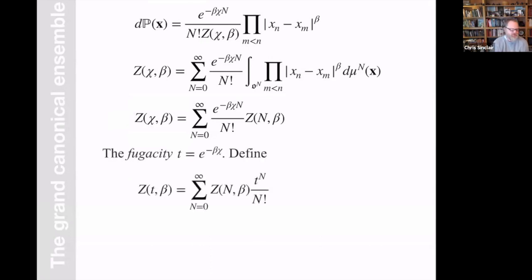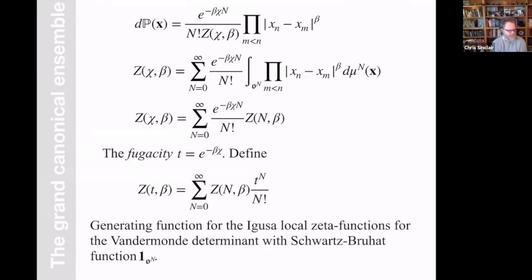It is traditional to introduce something called the fugacity, which is e to the minus beta times the chemical potential. And when you do this, you see that literally the grand canonical partition function is the generating function for the canonical partition functions. I apologize for going through all this again. Joe already did all of this, but I'm going to generalize it here in a second. So it's useful to see how some of the parts decompose. Okay, so it's a generating function.